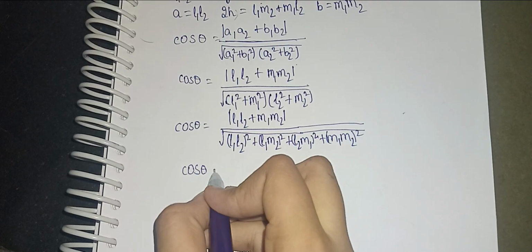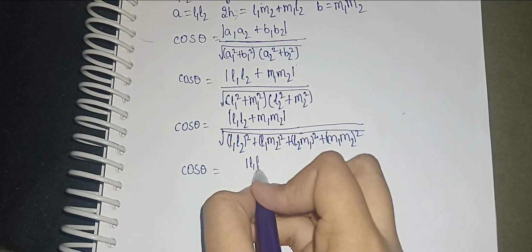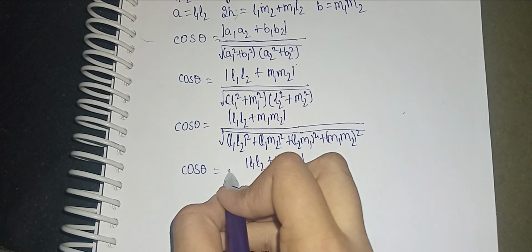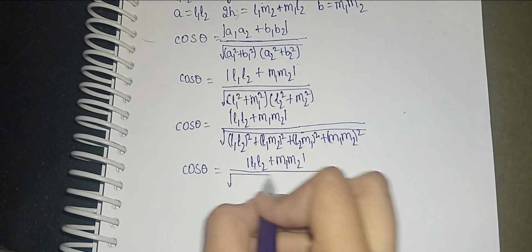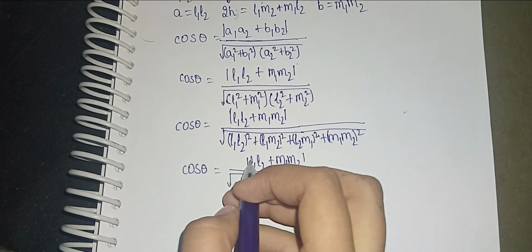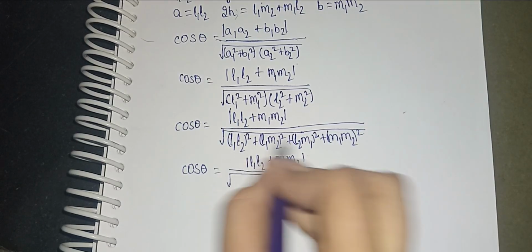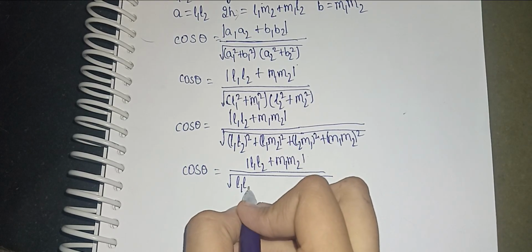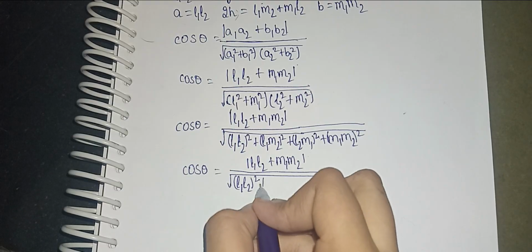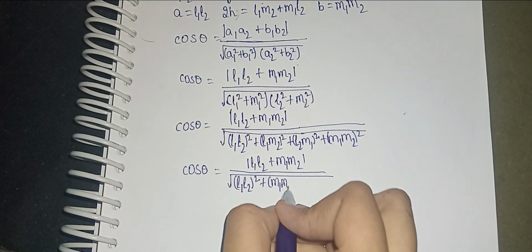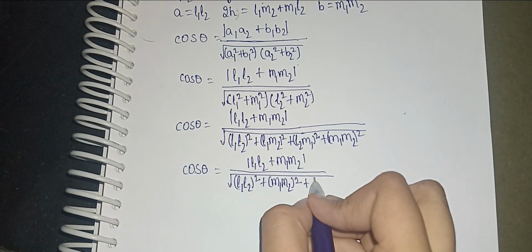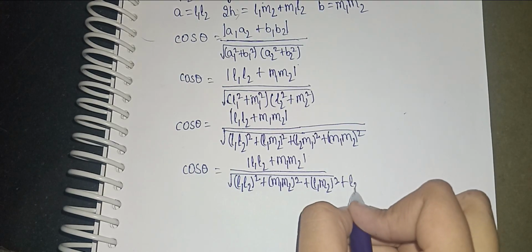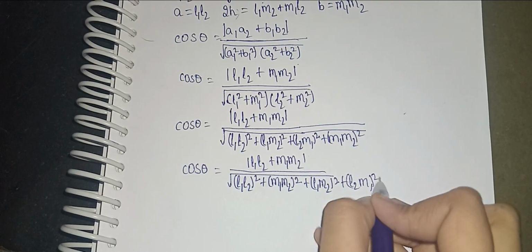Now, mod L1 L2 plus M1 M2 by, write these two in one place and these two in another place: L1 L2 square plus M1 M2 square plus L1 M2 square plus L2 M1 square.